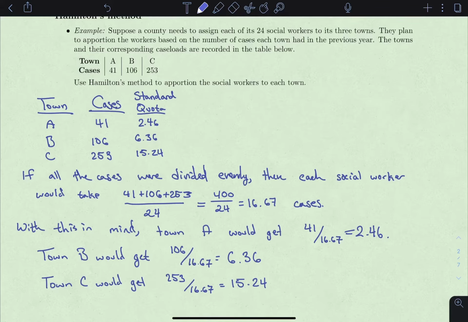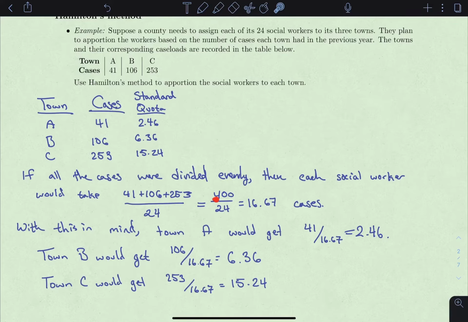These numbers here in the standard quota column are proportional to the cases. So 2.46 is to 24, the total number of social workers, as 41 is to 400, the total number of cases.